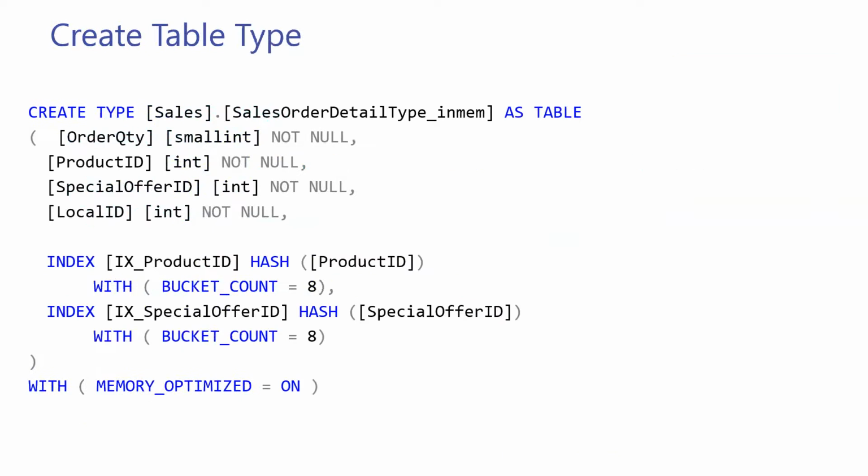And then besides a memory optimized table, we also introduced memory optimized table types. So this is very similar to an actual table specification. Similarly, you specify memory optimized on, and you have your index specifications inline. But now that you have a memory optimized table type, you can create memory optimized table variables throughout your application.